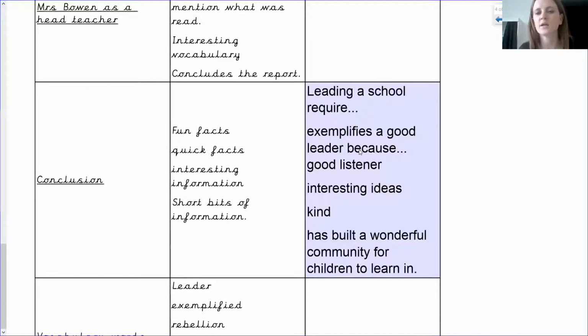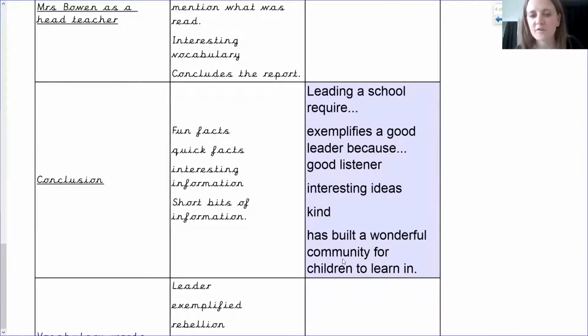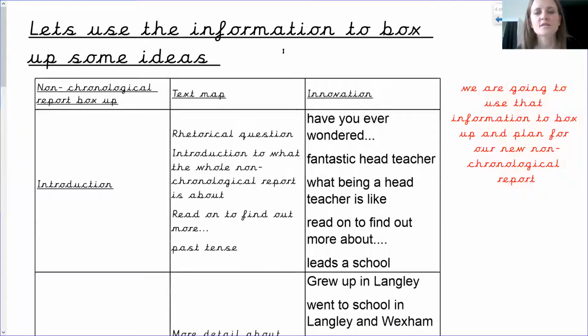Okay, so I've just put in some of my keywords, and then you can finish your box up by filling in some of the vocabulary words that you can use and complete this information.